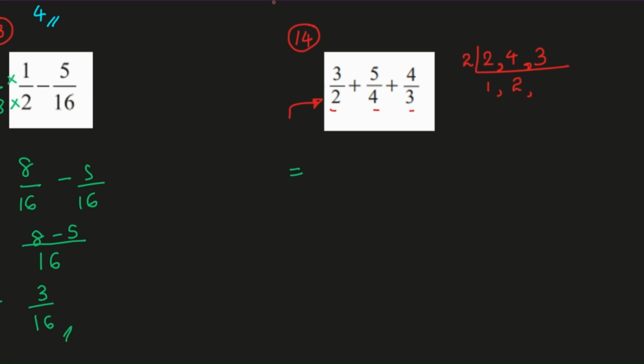Then 3 will not be divided by 2, so you are writing 3 as it is. Then again, you can divide these values by 2 because this can be divided by 2. 1 cannot be divided by 2, so you are putting 1 as it is. Then 2 divided by 2, it's 1. 3 is not getting divided properly, only with decimals, so you are putting 3 as it is.